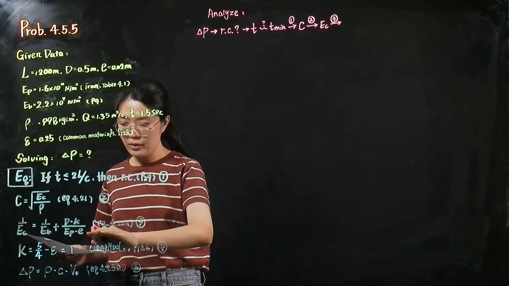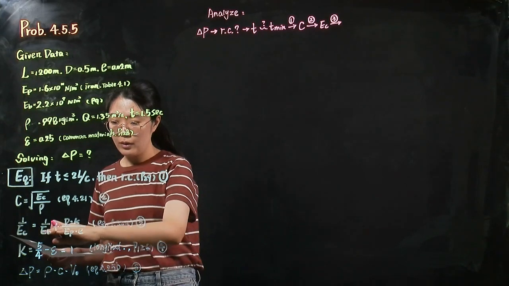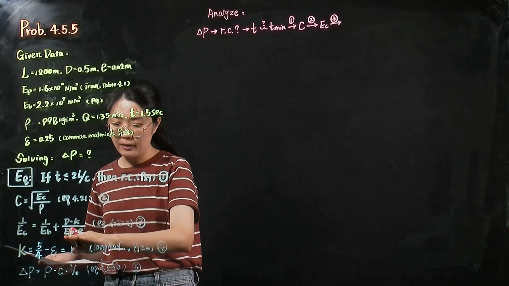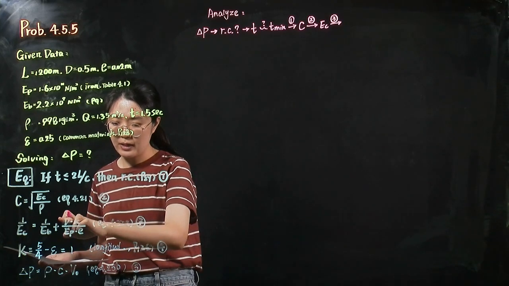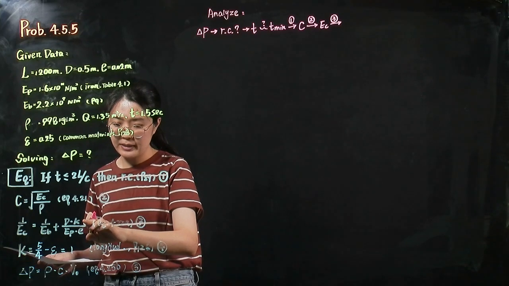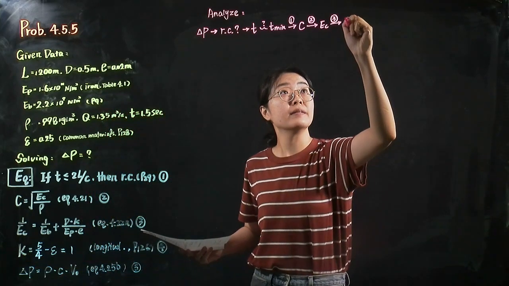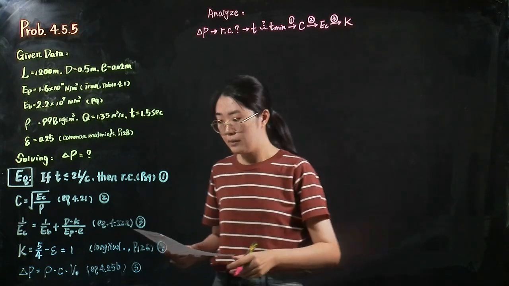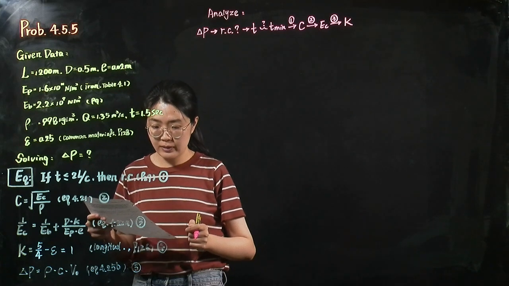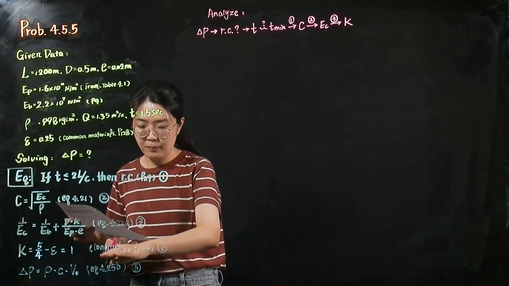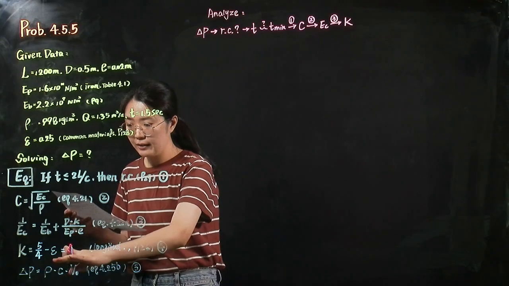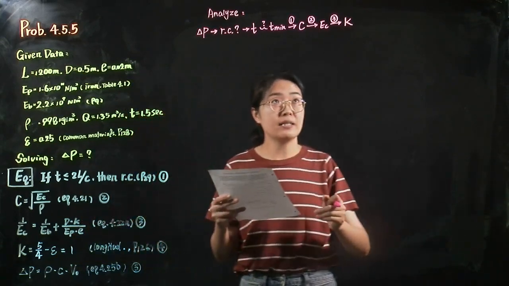In equation 3, the elasticity of the water, the pipe, the thickness of the pipe, and the diameter are all given. We only need to calculate the constant K. And because the problem told us it is free to move longitudinally, and based on the information on page 126, we can calculate the constant K. It equals 1.